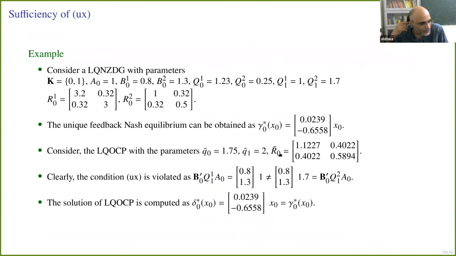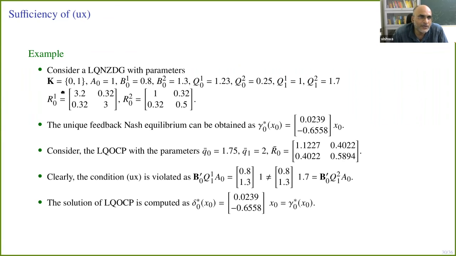Now to talk about the sufficiency of this condition, in the sense, can we do a little better by relaxing even the other sufficient condition UX? At the moment, we don't know. But we have an example that says that this condition probably is not required.